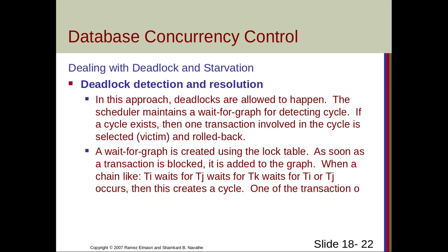When a chain like Ti waits for Tj, Tj waits for Tk, and Tk waits for Ti or Tj, there occurs a cycle, and in that case one of the transactions Ti, Tj or Tk is allowed to roll back. One of them is selected as a victim and rolled back so that the other transactions can continue.